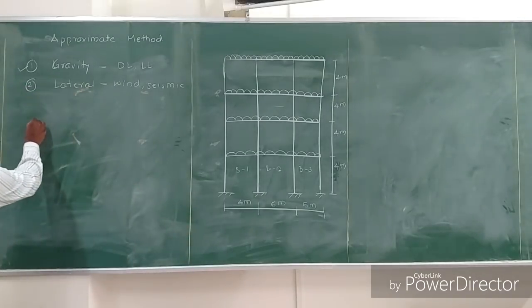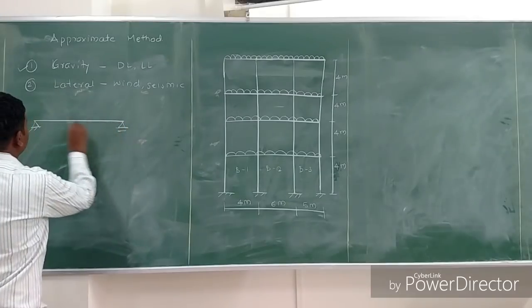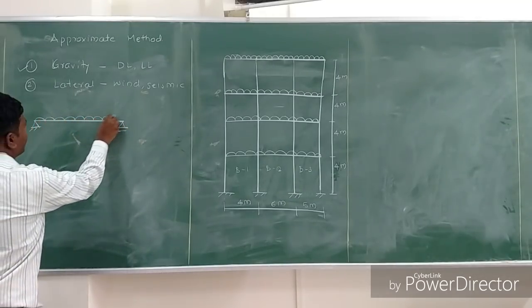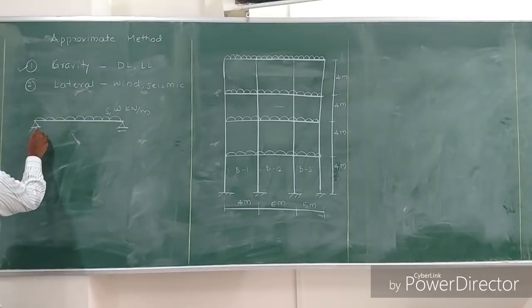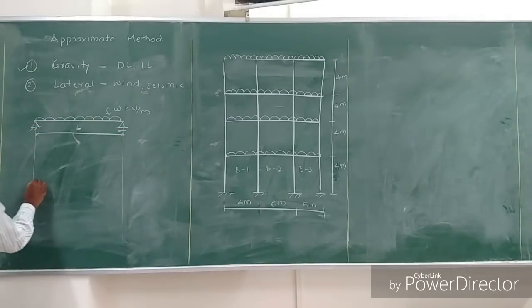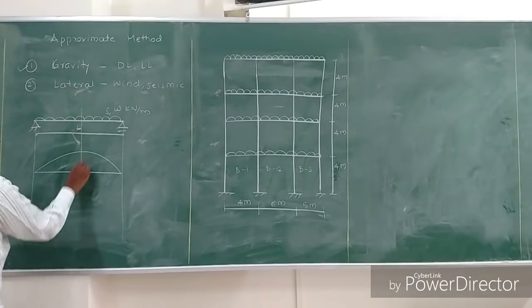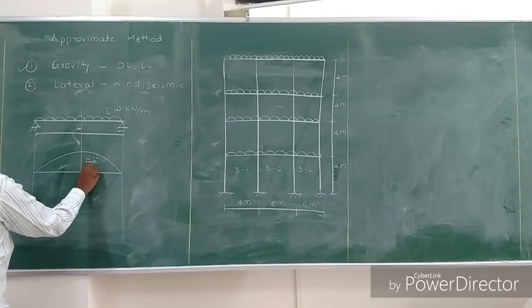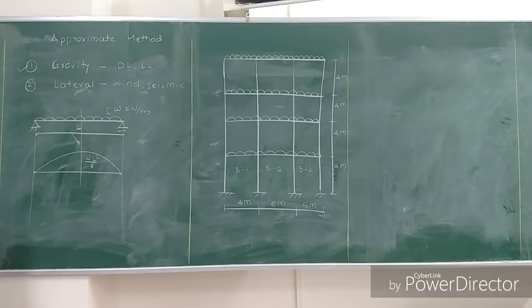Just understand first what the bending moment diagram is for a simply supported beam subjected to a UDL over the entire span, which is, let's say, W kN per meter, and the span is L. If you draw the bending moment diagram, the value at mid span comes out to be WL squared by 8, and the bending moment is 0 at the support. So there is a point of 0 bending moment lying at both ends.